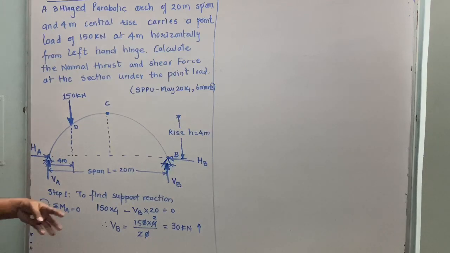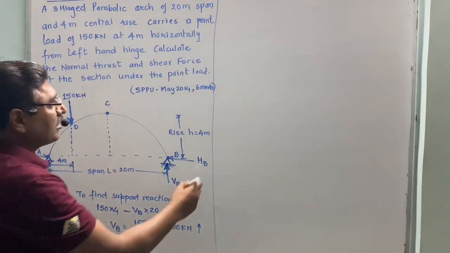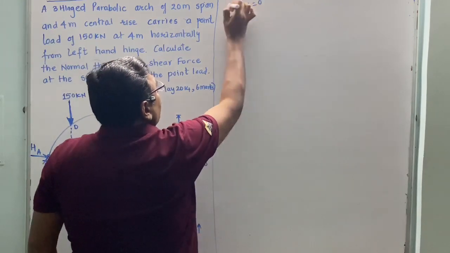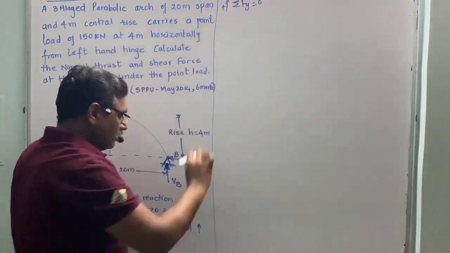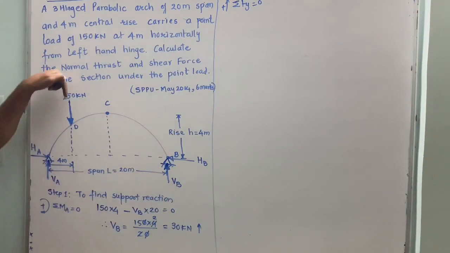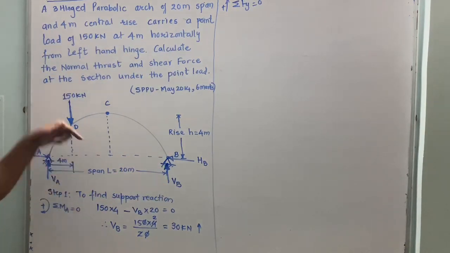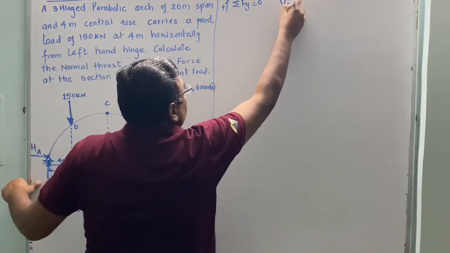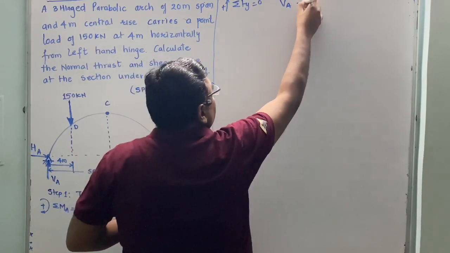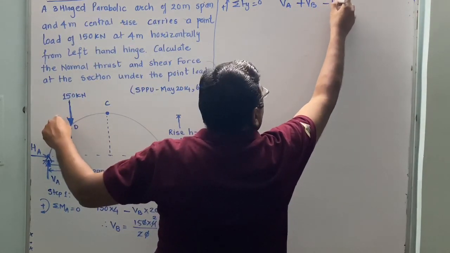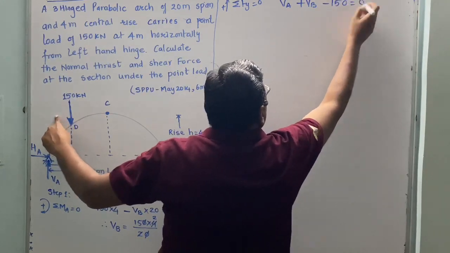Now we apply another condition of equilibrium, summation of Fy equal to 0, with upward positive. VA and VB are upward and the 150 is downward. So VA plus VB minus 150 is equal to 0.